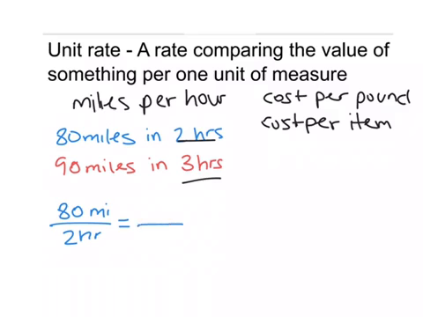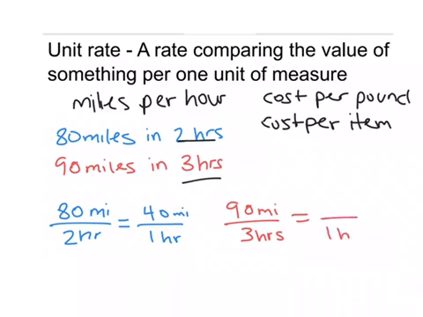So if we want to calculate the speed for a car going 80 miles in 2 hours, then that means that every 1 hour, they're going to drive 40 miles. Now for the other car going 90 miles in 3 hours, that's equivalent to going, for every 1 hour, 30 miles.